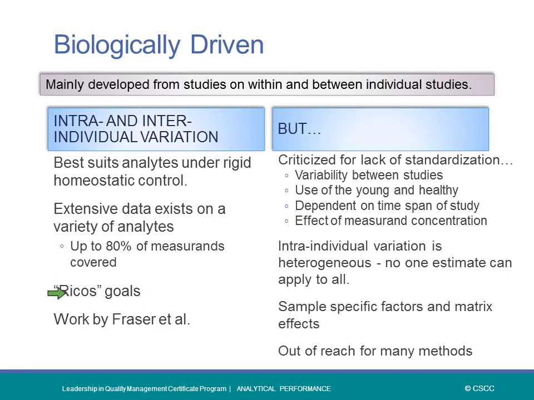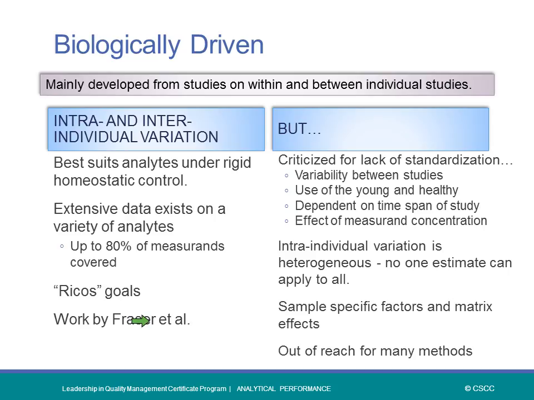If you have one of Fraser's books on biological variability, there's a list of these sources of variability and estimates of target standard deviation or CV and bias based on these particular criteria.